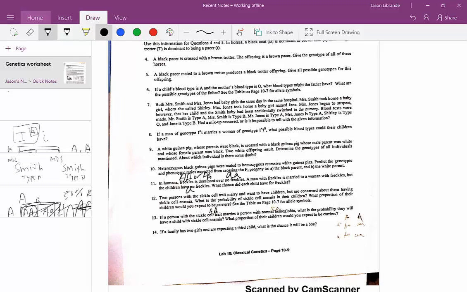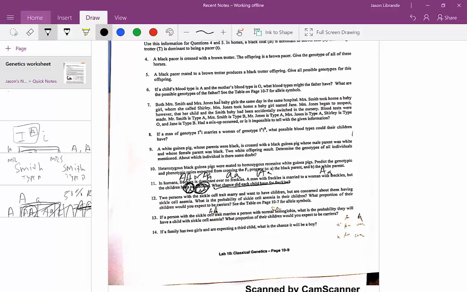So the children are A, lowercase a, and we know each of those had to come from one parent. One came from dad, and one came from mom. We know that both of them have freckles, so that means they are heterozygous. So both of these parents were carriers. And now we want to figure out what the chance is that each child was going to have freckles.